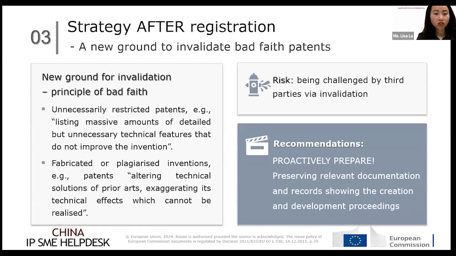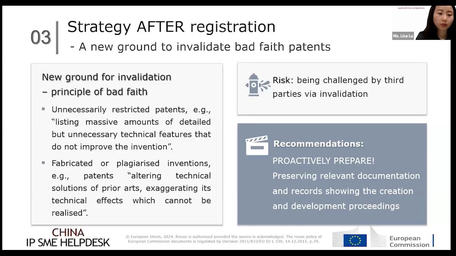And the last strategy is about the invalidation of bad-faith patents. This is a new ground for invalidation. If you encounter bad-faith patents, which include unnecessarily restrictive patents, where the patent application lists massive amounts of details but does not really provide any technical solution, you can conclude it is a bad-faith patent.